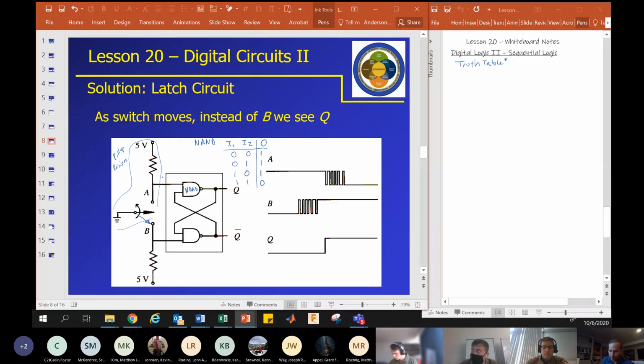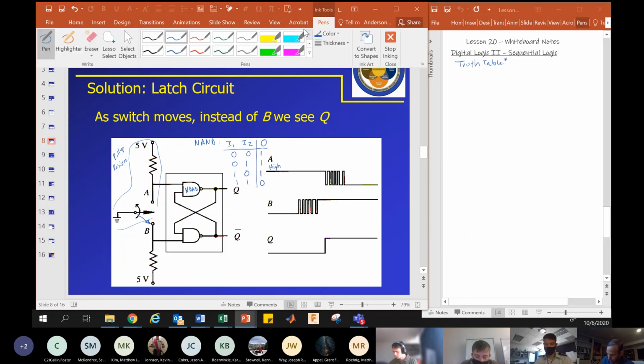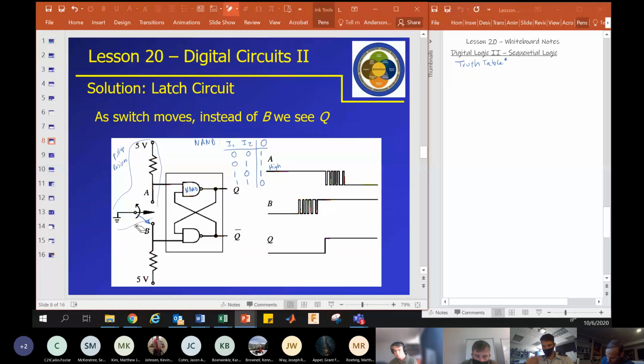It's reading high. And what's B reading? Low. Very good. Okay, thank you. So B is low, and that's the initial state of this system.